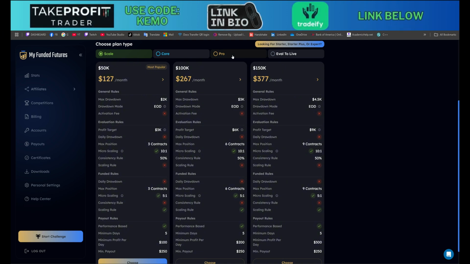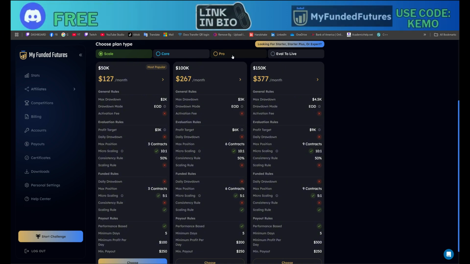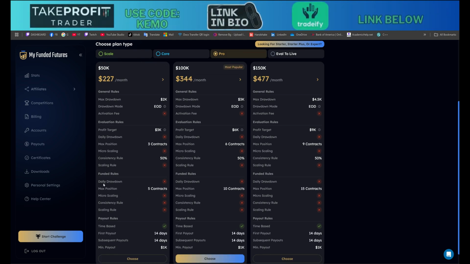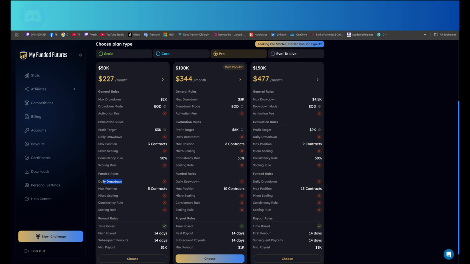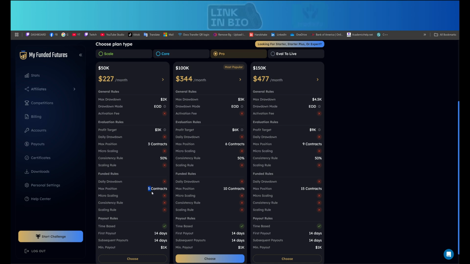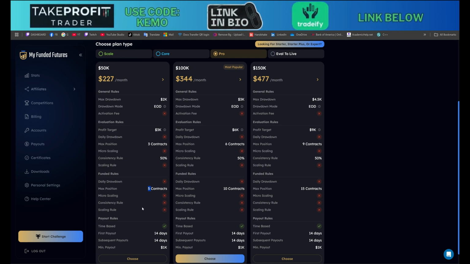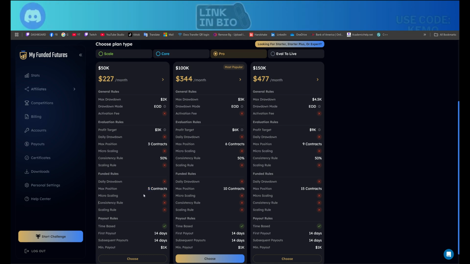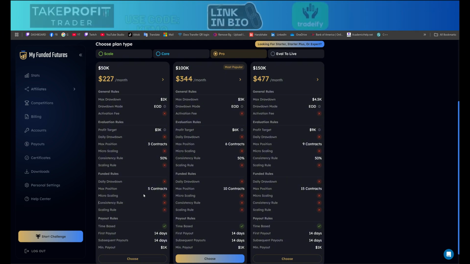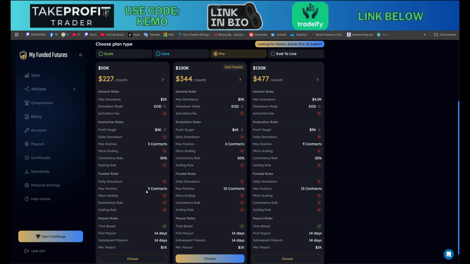And now here is where the pro version or the pro plan shines. You have still no daily drawdown. You have 5 contracts of minis or 50 micros. This is where you have more leverage, and this is where a lot of people will prefer to go with the pro version.